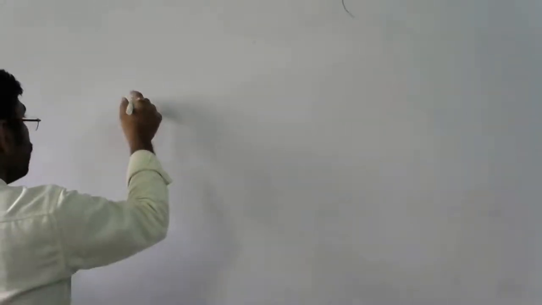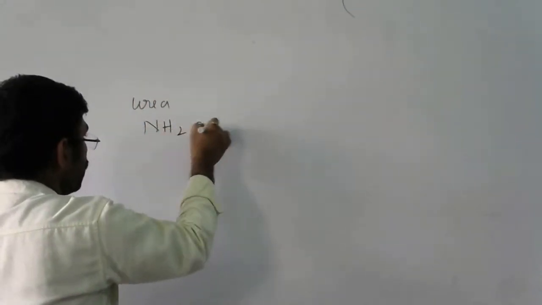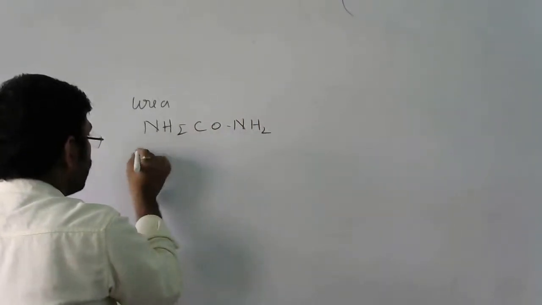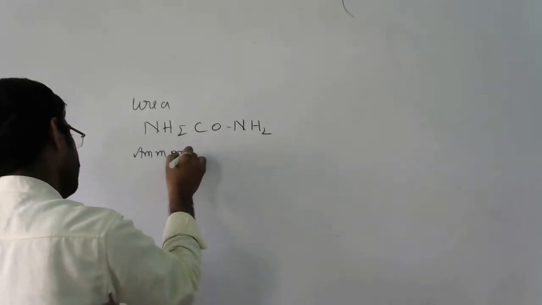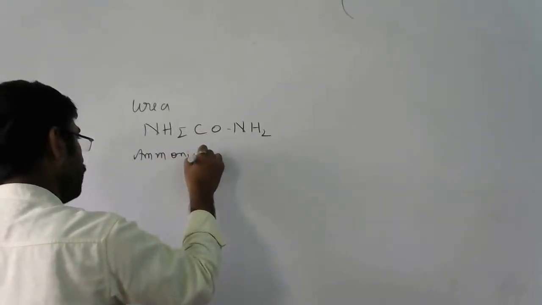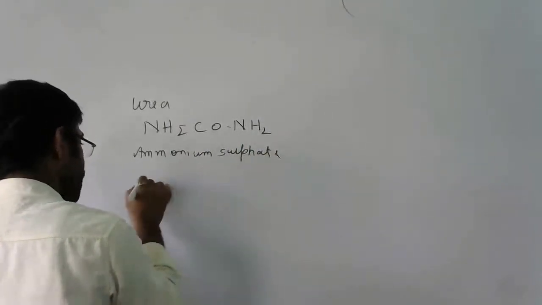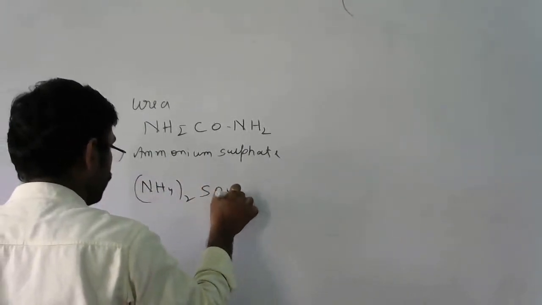Urea is NH2CO. Then ammonium sulfate is (NH4)2SO4.